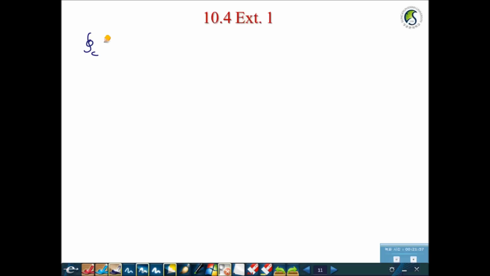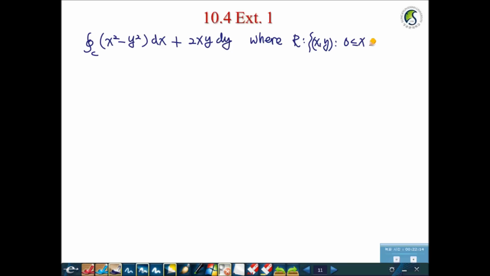So this is the problem: dx plus 2xy dy, where the region R is x from 0 to 1, and y is bounded by 2x squared and 2x.